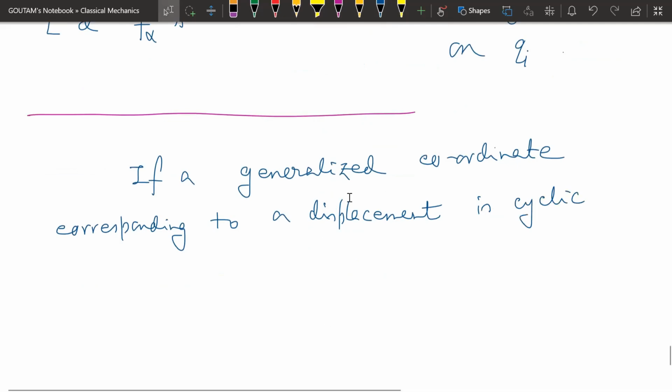It can be angular displacement, it can be linear displacement, or anything. If it is cyclic, that means the coordinate is not explicitly present in the Lagrangian.